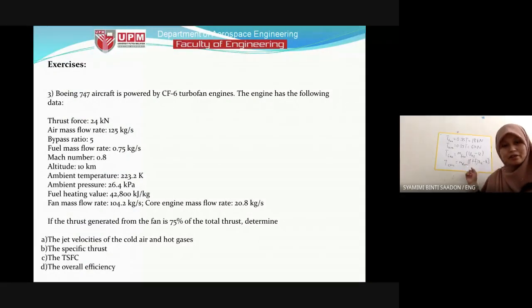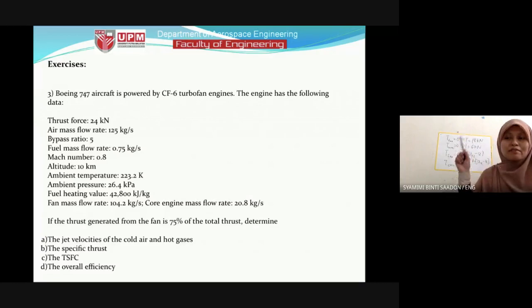For f, the fuel, you have to do some calculation. m fuel is 0.75, over the hot, only the hot, not the total air. The core engine mass flow rate, 20.